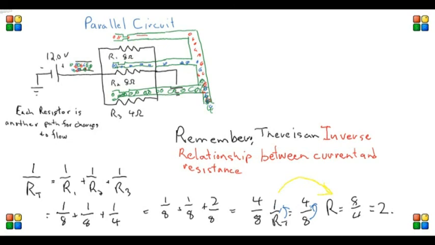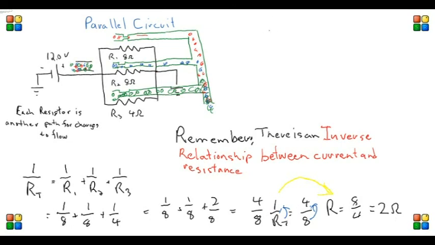Pause it here or whatever you have to do, and you can see it's an inverse formula, and then to get R equaling, you just inverse it, and we ended up with, of course, the 2 ohms. And that gives us 12 volts and 2 ohms.